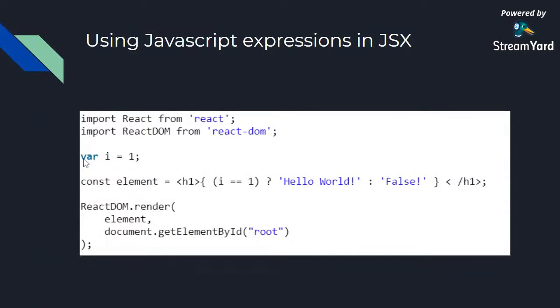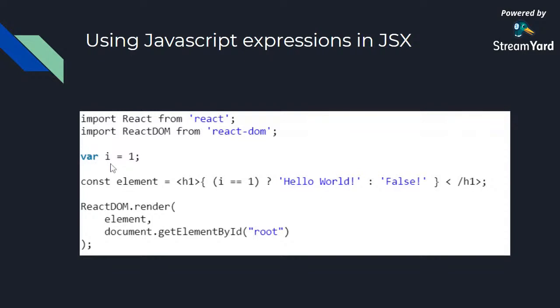As you can see, we have a variable i equals 1. Then we have another constant, element, and an HTML h1 tag. In between the curly braces, we check whether i is equal to 1: if so, print hello world, otherwise print false.